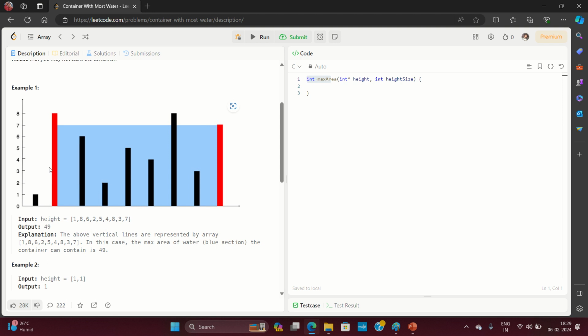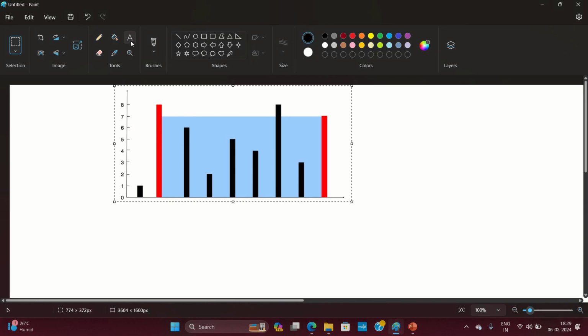Now, if we consider this particular example, if you had poured water in this particular section, the base starts from I equal to 0, then I equal to 1, I equal to 2. Now let me write this down in the paint window.